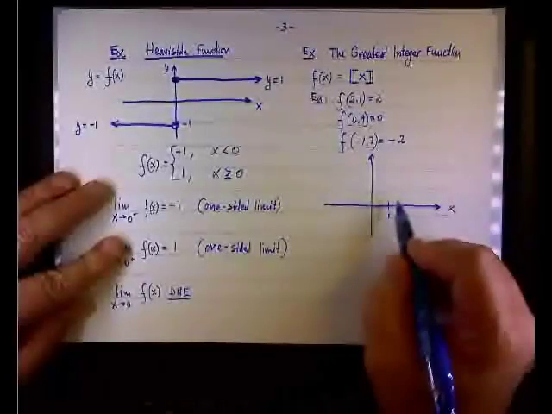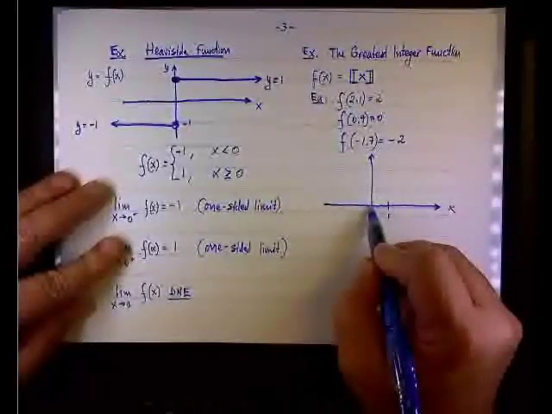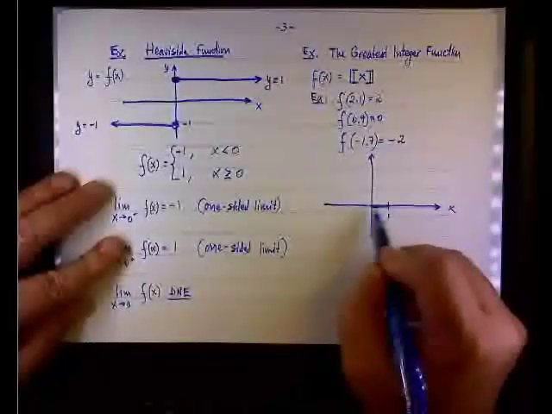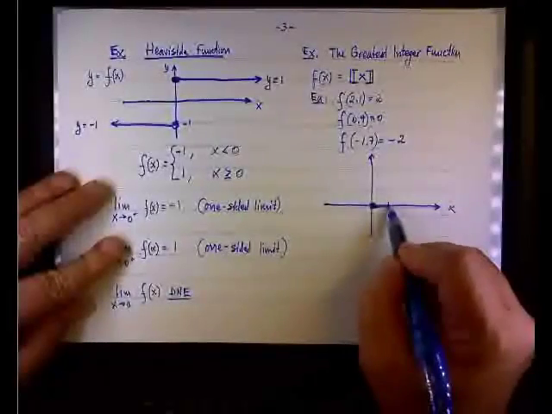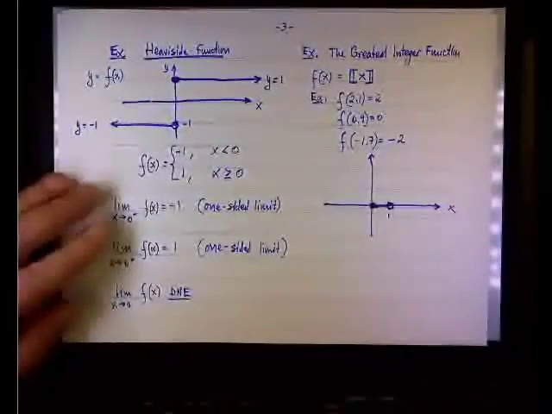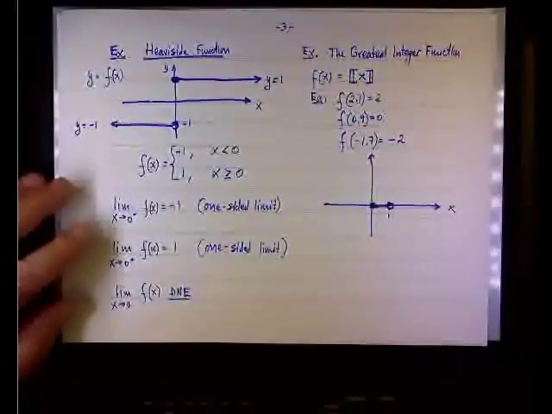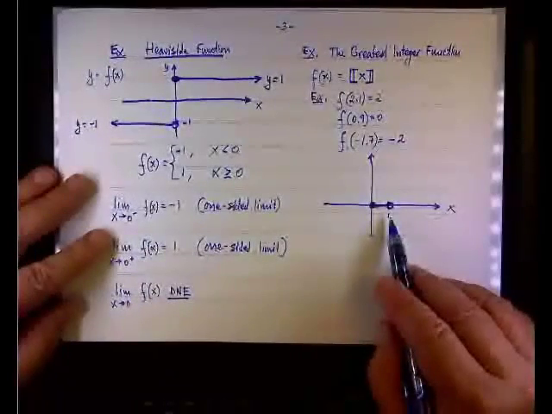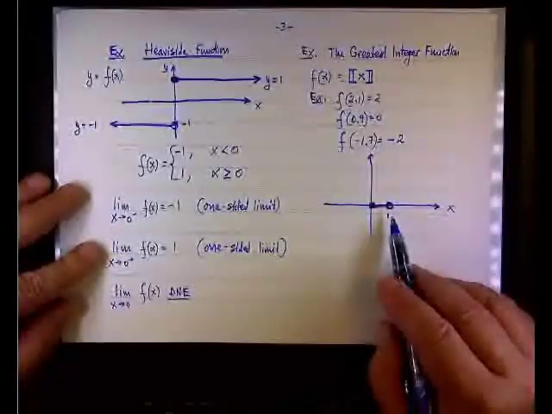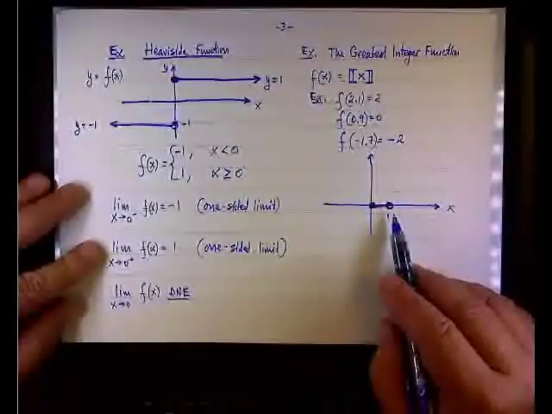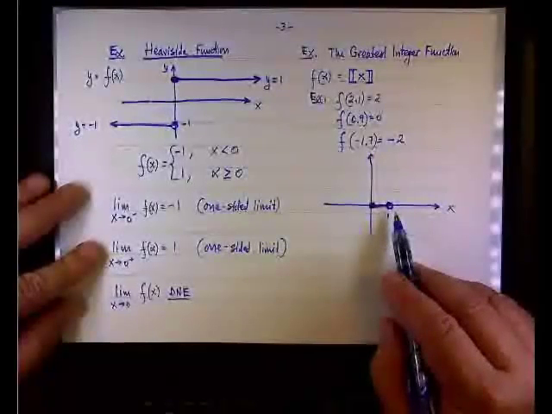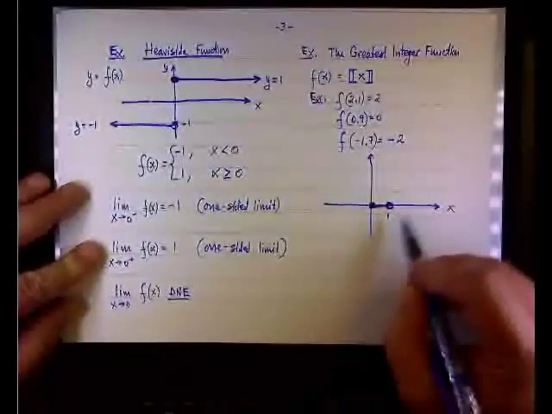The number between 0 and 1 will be 0, including 0, but the endpoint will be open. Okay? Because 0.99999 is not 1. The greatest integer part of 0.999 is still 0.